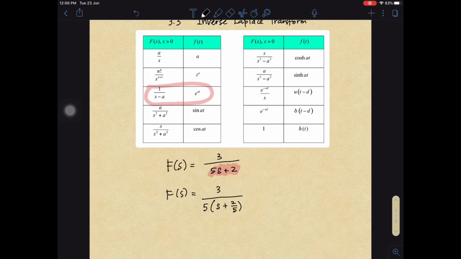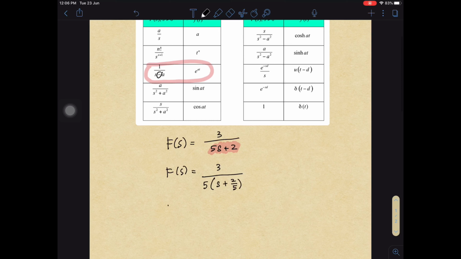The second one is, if you compare to the table here, you have a negative sign in front of the constant, but now you have a positive sign. Therefore, you need to factor out the negative sign here. So you can write your function F(s) is equal to 3 over 5 s minus, so you have in bracket minus 2 over 5.